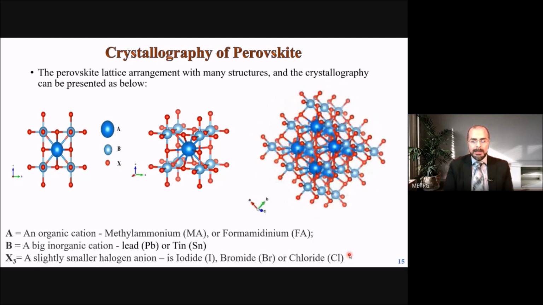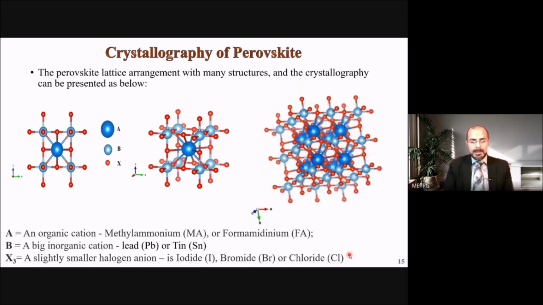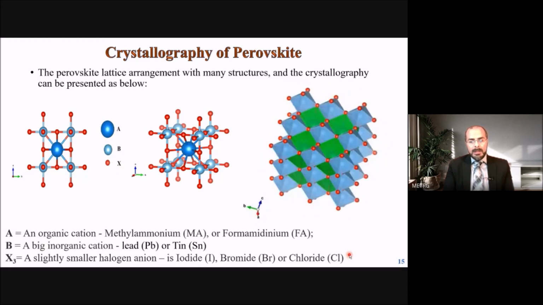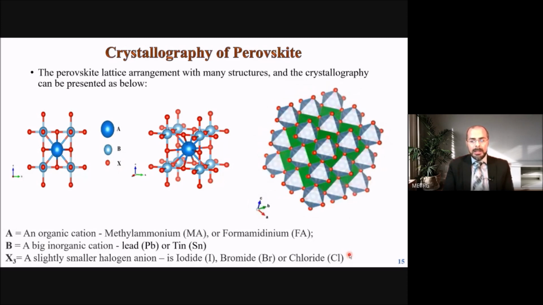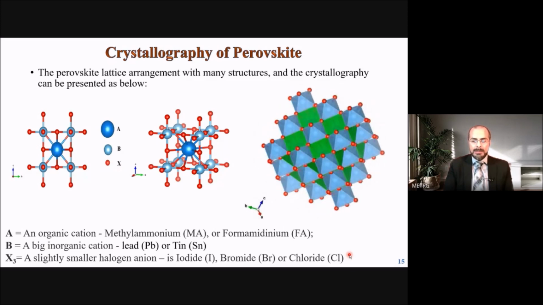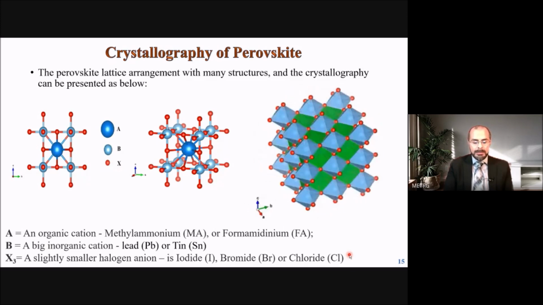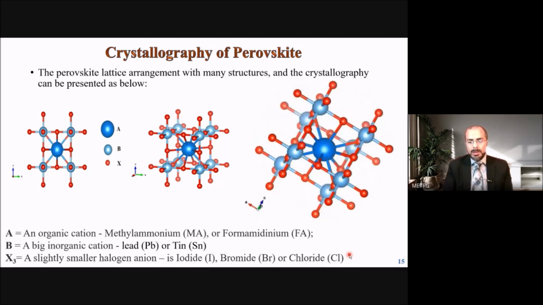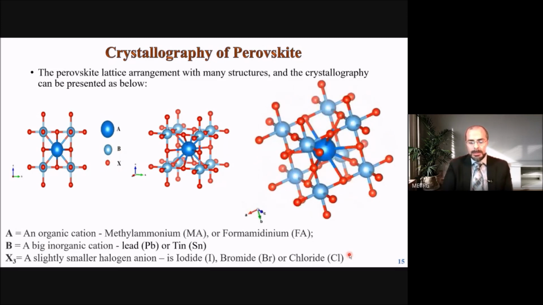Usually it's lead or tin. X is a slightly smaller halogen anion. It could be iodide, bromide, or chloride. These are the halogens, or maybe a combination of 2 or 3 of them. There are a lot of researchers who use only one, or two, or a combination of three.